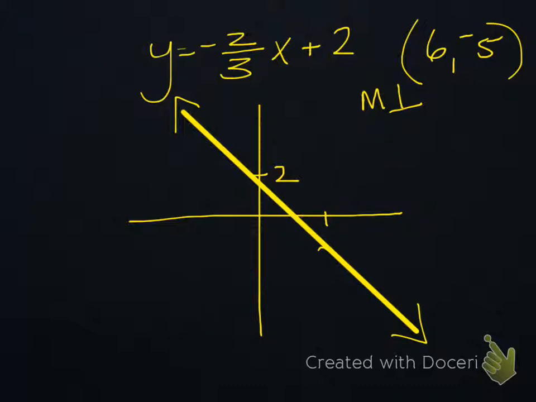So let's just put a point where 6, negative 5 is. So 6, negative 5 is somewhere here. Then the line we're searching for is the line that will hit that point and form a 90-degree angle with the yellow line.